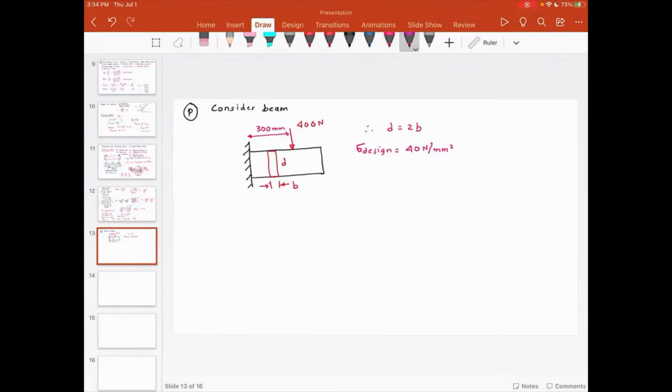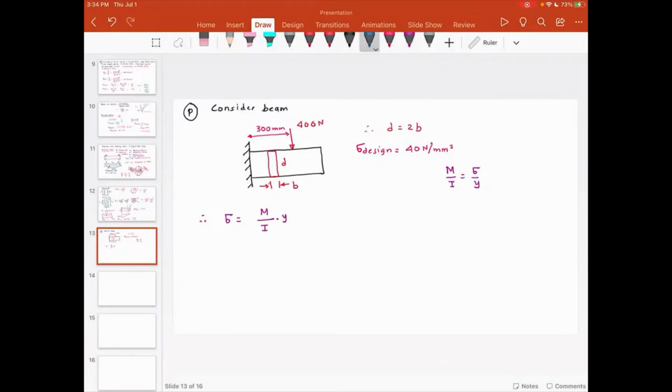So let's work out this problem. We have to find the bending stress. Remember the equation, M divided by I is equal to sigma divided by y. So sigma is equal to M divided by I multiplied by y.